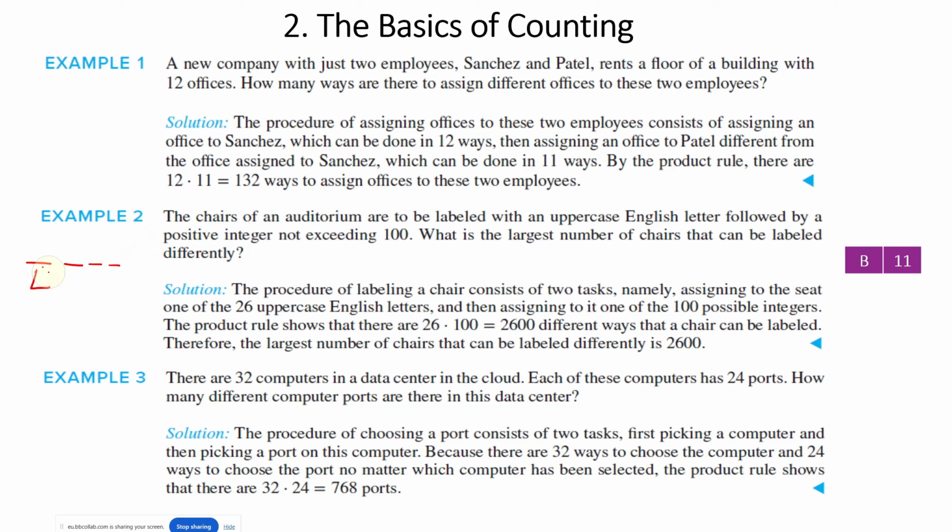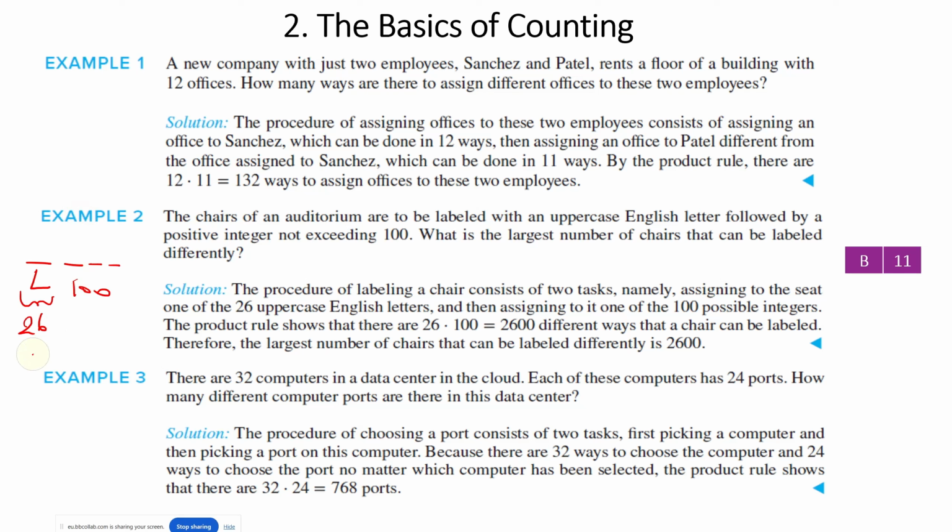How many possibilities are there for the letters? Well, we have 26 for the English alphabet. With each one of the letters, how many possibilities do we have? We have 100 possibilities, because the maximum is 100: 001, 002, 003, until 100.